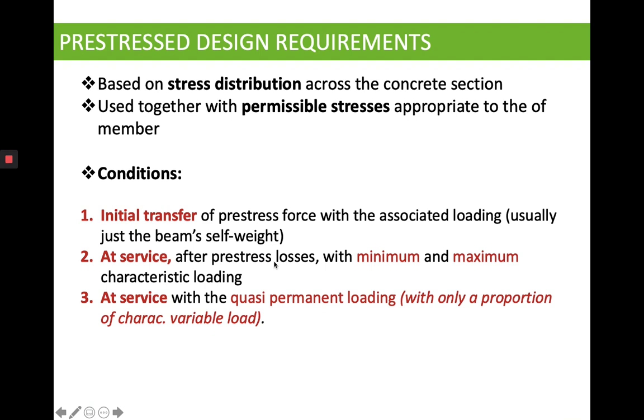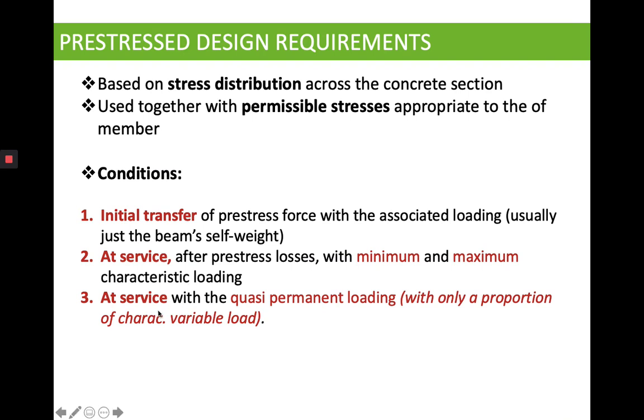Usually if we are dealing with only a single span, we are going to consider only a maximum characteristic loading. However, if we are dealing with a continuous beam, for example, then we are going to have the minimum and also maximum characteristic loadings, which are usually placed as alternate loadings.